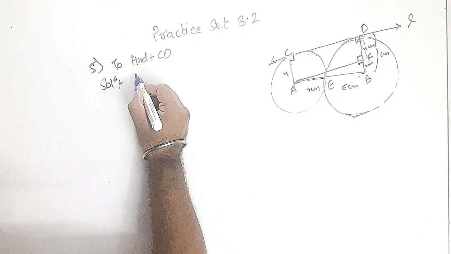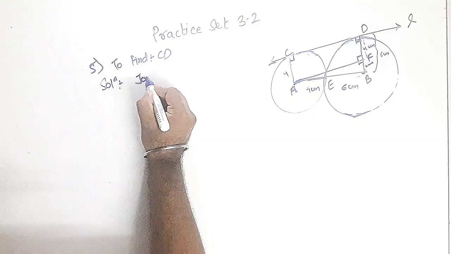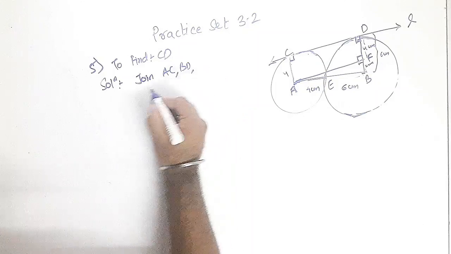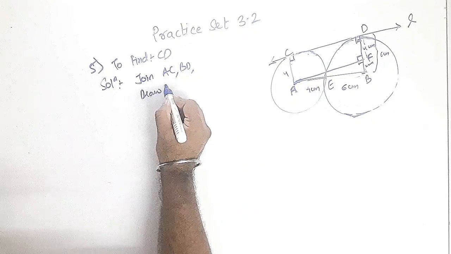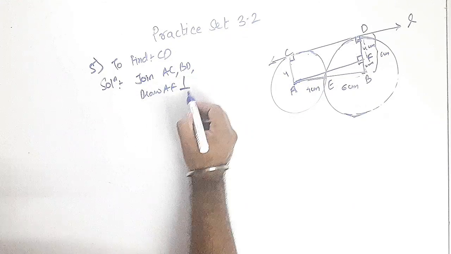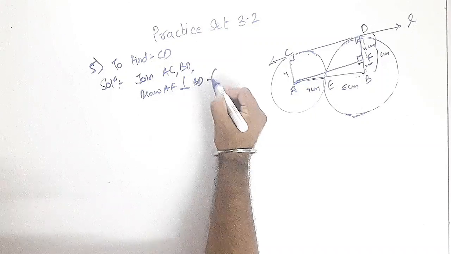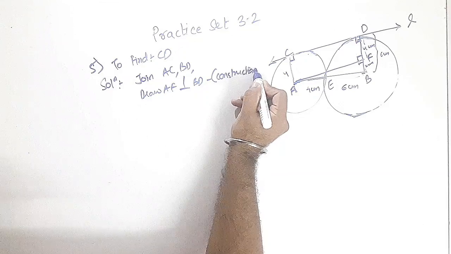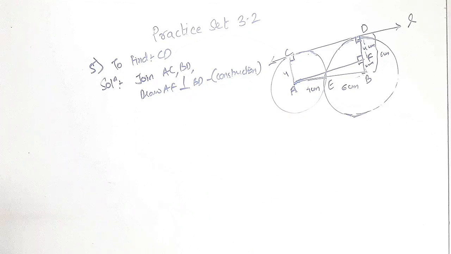First, I'll write: join AC, BD and draw AF perpendicular to BD. This is all construction. Separate construction also you can write, or you can write it under solution also. This is all correct.